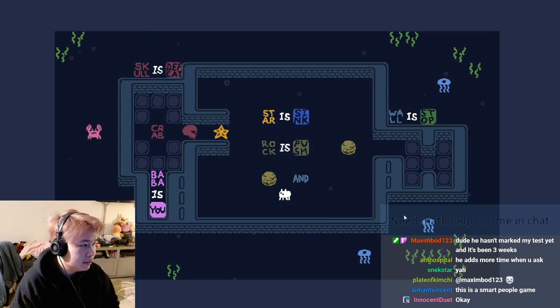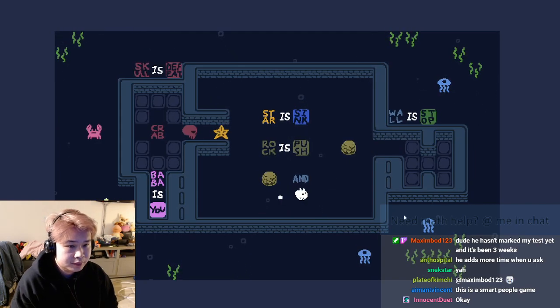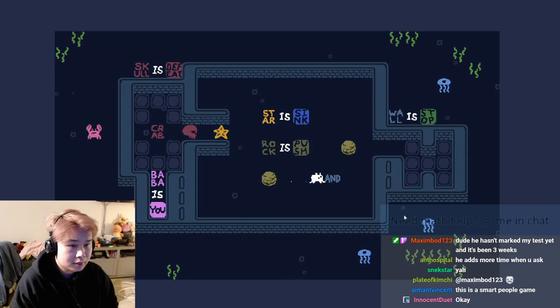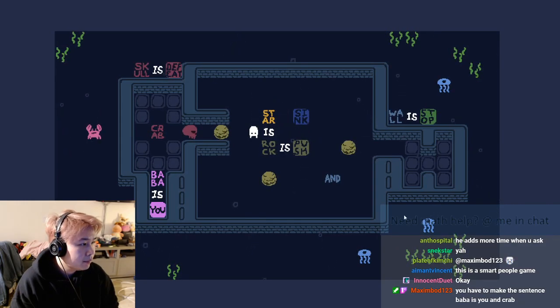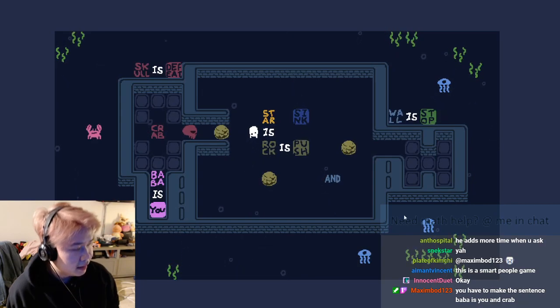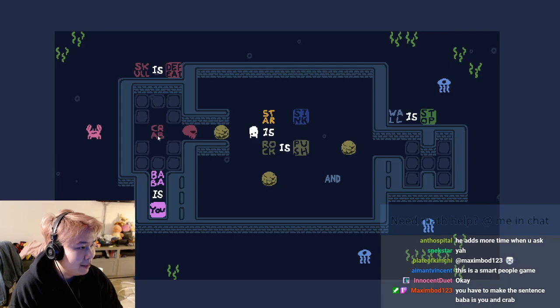Okay, so let's do some playing around here. If I make the star a rock, then now it's a rock. Yeah, I'm pretty sure I need to become the crab. So crab and Baba is me, and then I can move the crab and touch the flag down here.